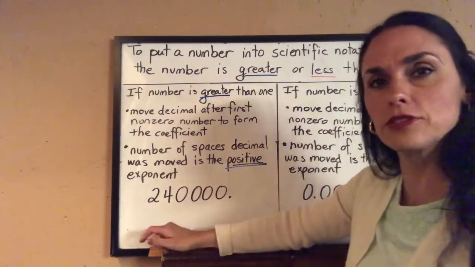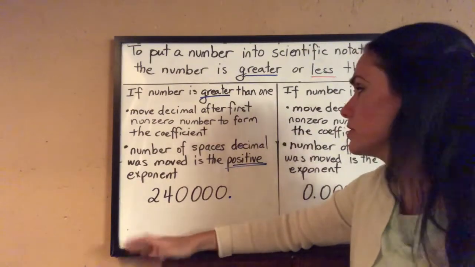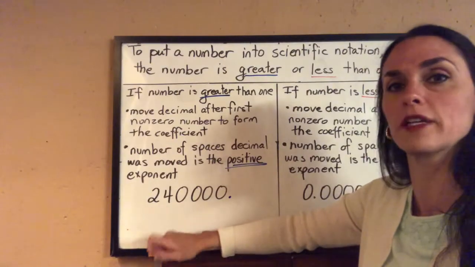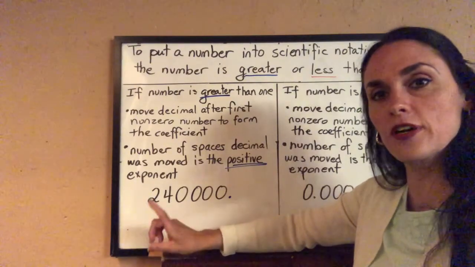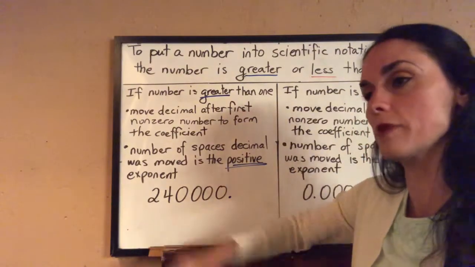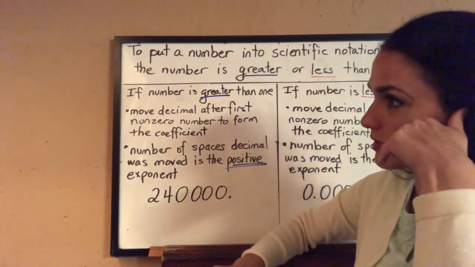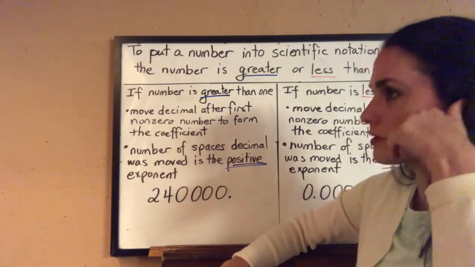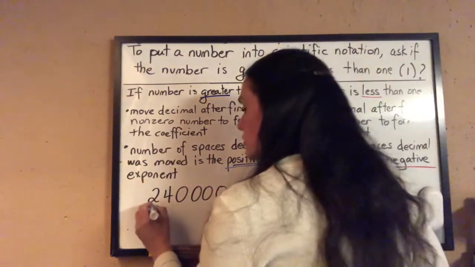Now, you may look at this and say, well, what's the first non-zero digit? If you were reporting this number to somebody verbally, the first non-zero digit you would say is 2. If you were on the phone and you couldn't see the person, you would say 240,000. The first non-zero digit is the 2.